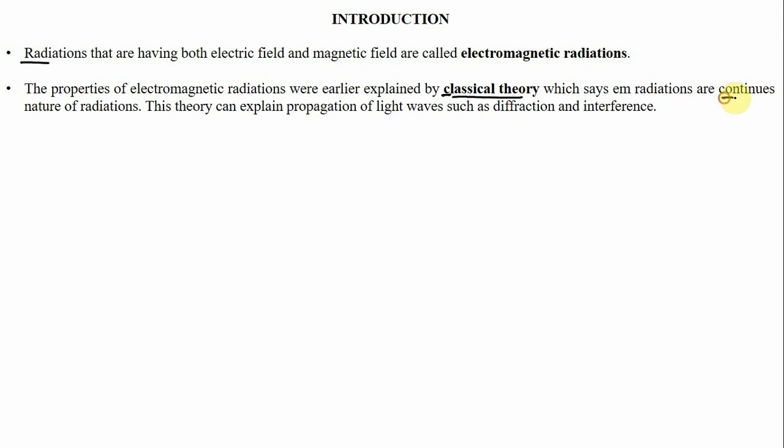Continuous means they can be emitted or absorbed in a continuous manner. So it believes that radiations are continuous in nature. This classical theory can explain phenomena such as diffraction and interference of these electromagnetic radiations.